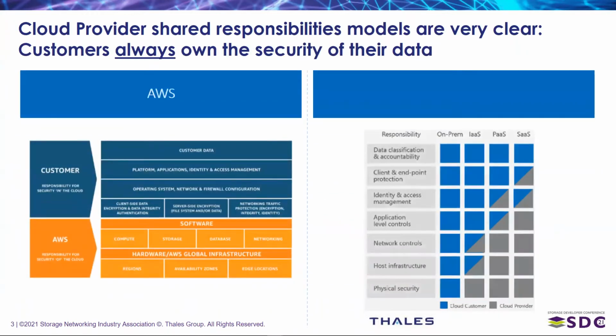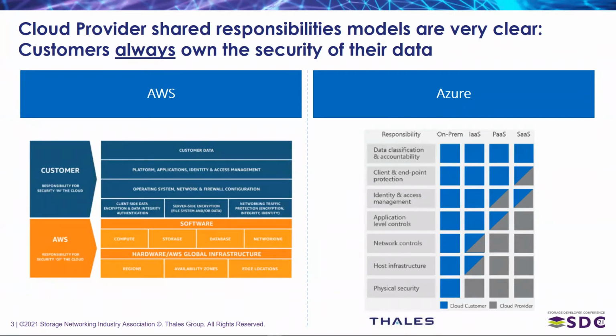So, as far as security goes, AWS uses a shared responsibility model where the responsibility for security is shared between AWS and the customer, with AWS mainly taking on the responsibility of protecting its cloud infrastructure, while the customer ends up taking on the security of their data.